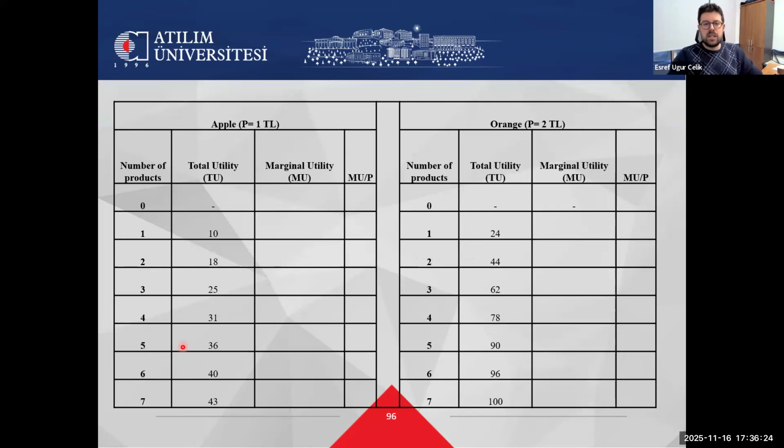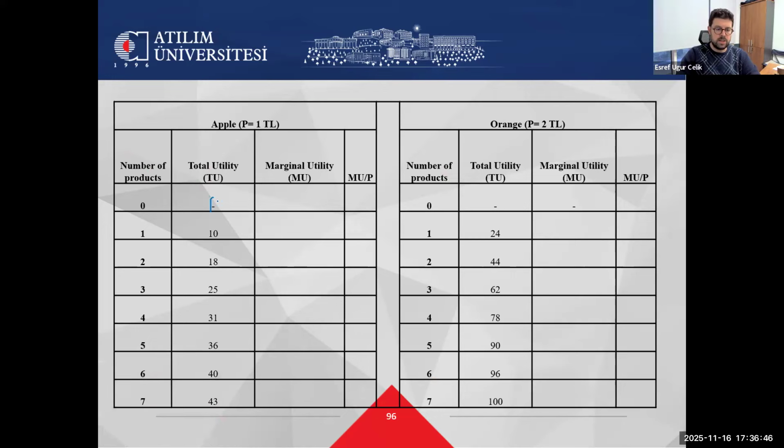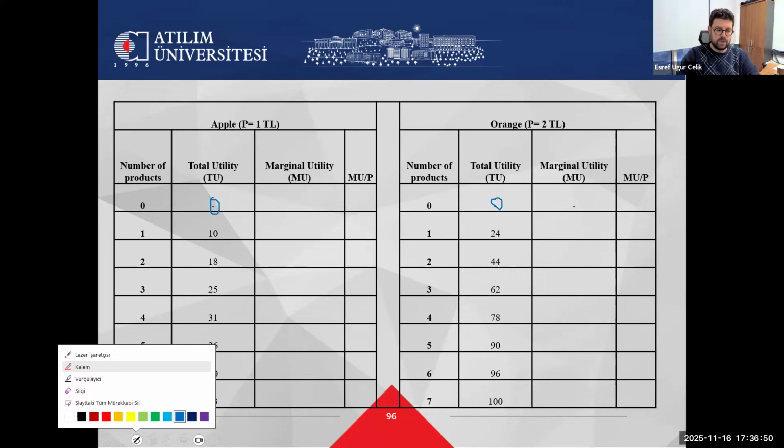This question is maybe your midterm question. I'm not sure. We can see. Apple is 1 Turkish lira, orange is 2 Turkish lira. The question gives the number of products for apple and orange, then gives the total utility.